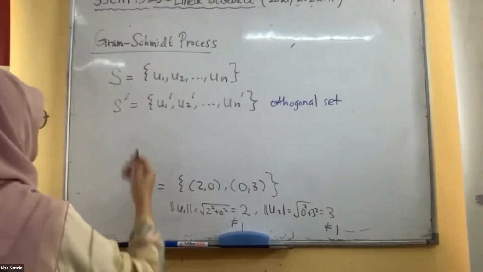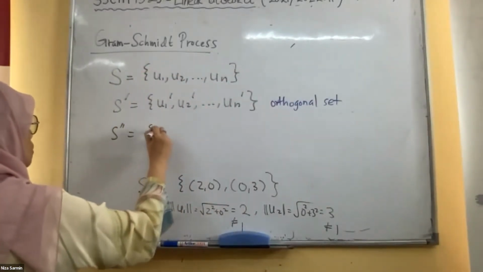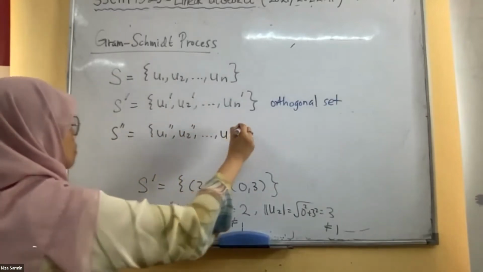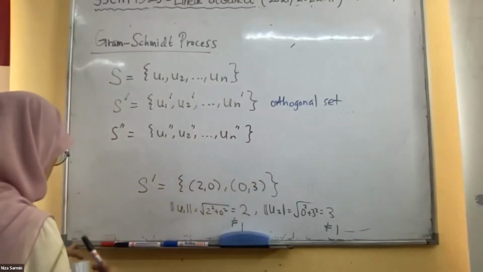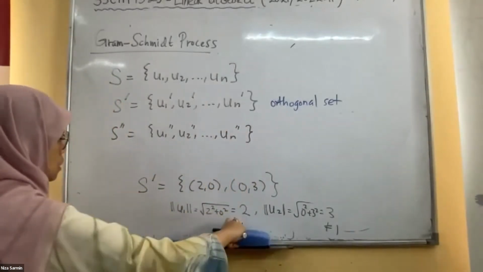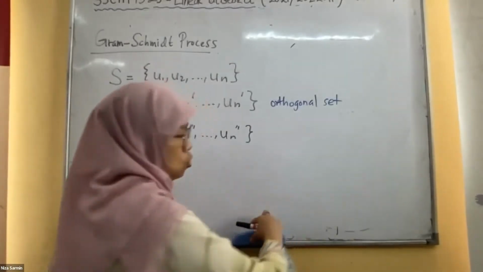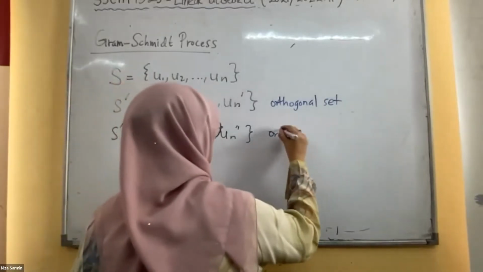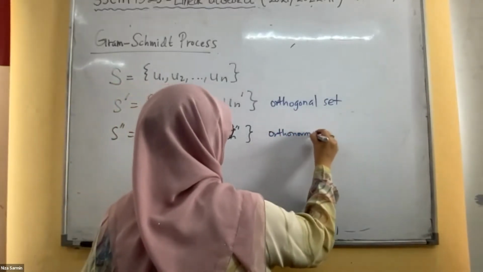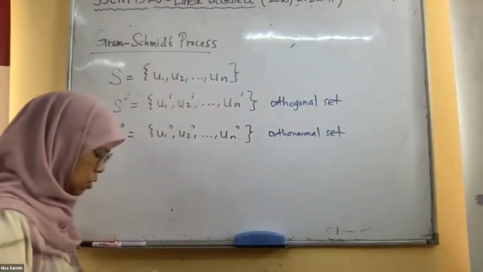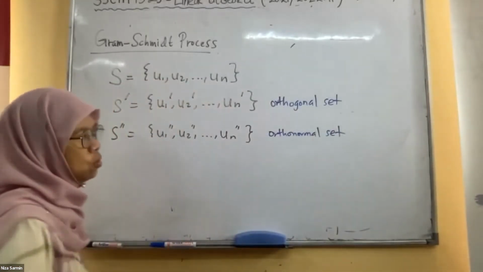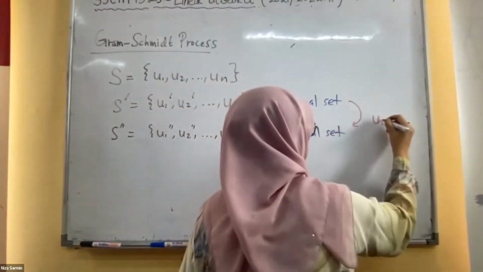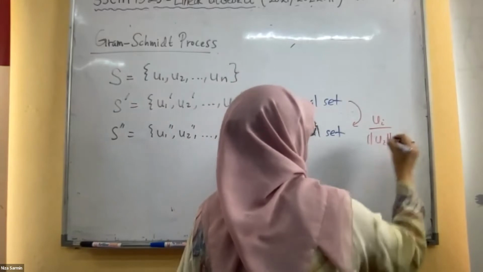We use this as the normal set. Okay, so to go from orthogonal to orthonormal, you just divide by the norm.